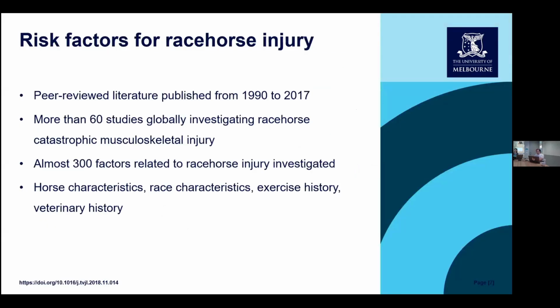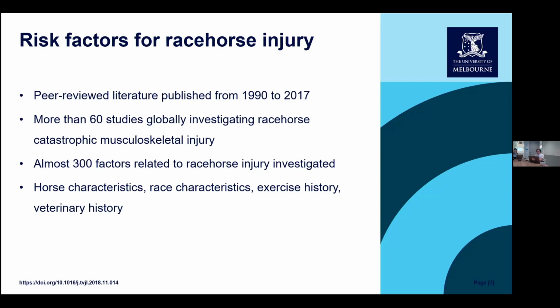So back 5 years ago, we conducted a meta-analysis on catastrophic musculoskeletal injuries. It included a systematic search of relevant literature published from 1990 to 2017, and we looked at more than 60 studies. 21 of those studies looked at incidence rates for catastrophic musculoskeletal injuries, and 65 of those studies looked at risk factors for catastrophic musculoskeletal injury or fatal injury.